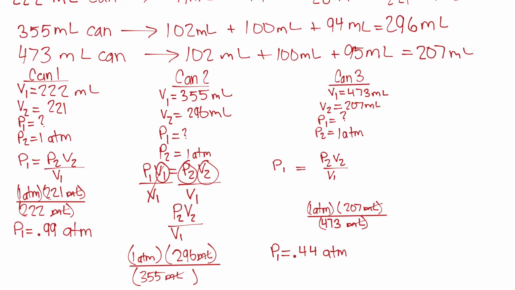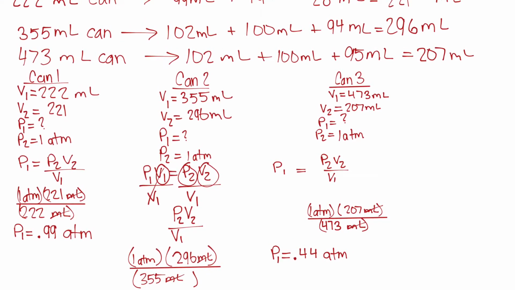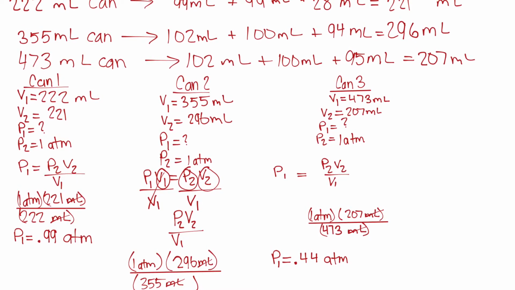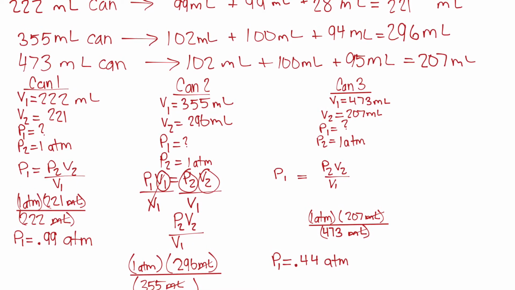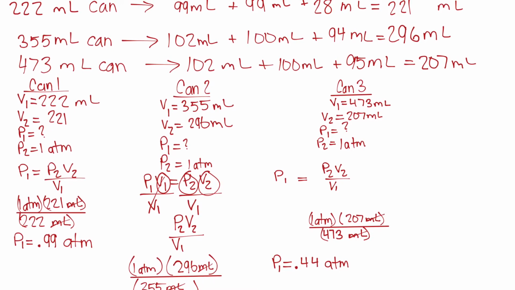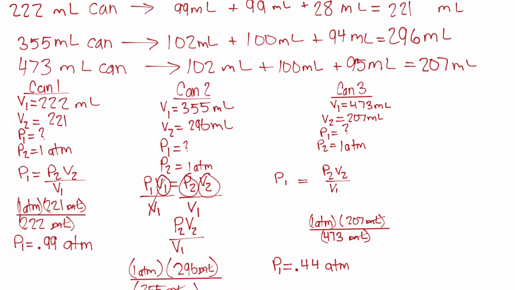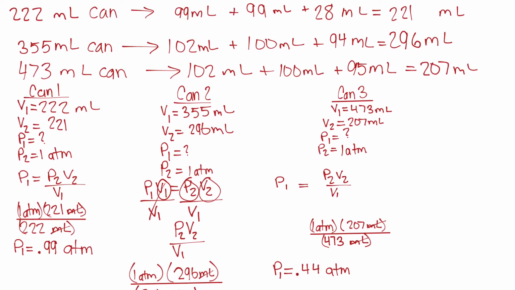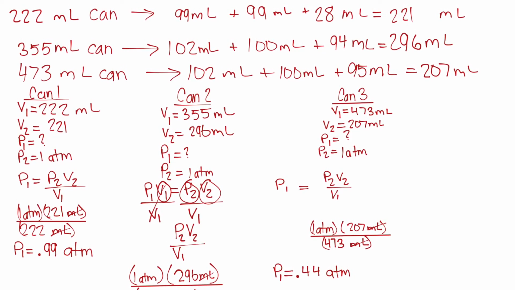Okay, now to the exciting part, which is calculations. And in calculations, we get to find P1, which is the pressure in the can before it imploded. Now, as you can see, I organized volume and pressure, and I wrote all of these down for all three cans before I even started the problem.